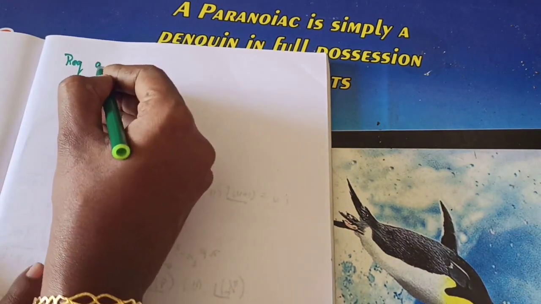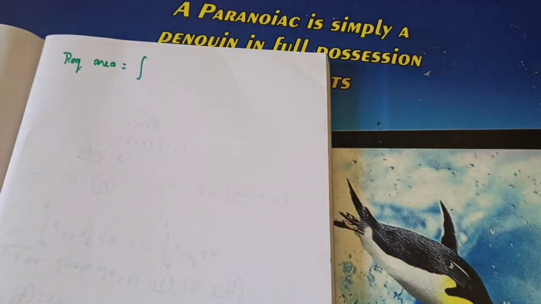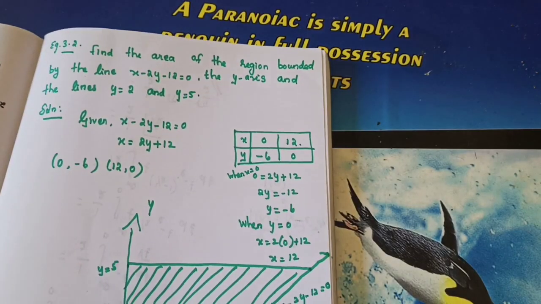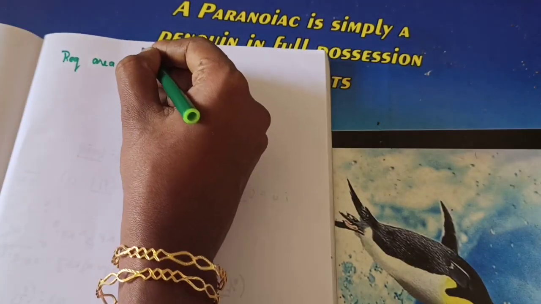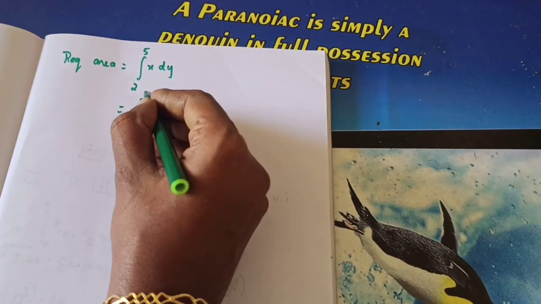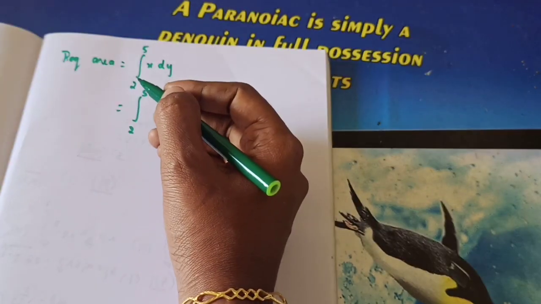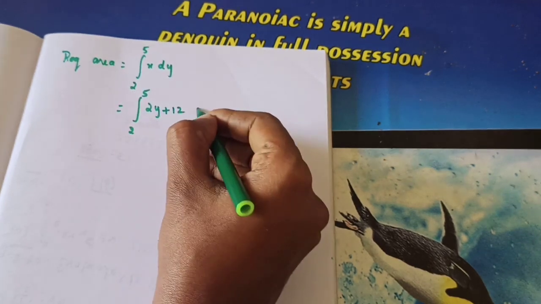So the required area is equal to the integral. What are the limits given? y equal to 2 and y equal to 5. So the integral from 2 to 5 of x dy is the formula. What's the value of x we found first? 2y plus 12 dy.